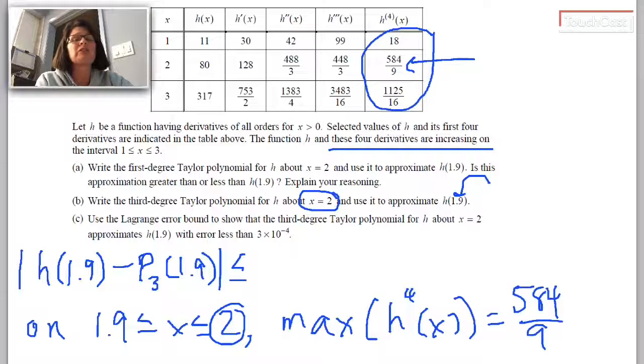So once I've made this decision, I'm going to rewrite my error statement. I'm going to move this out of the way so I have more room. And then remember, my goal is to prove that the expression I write is actually less than 3 times 10 to the negative 4th.